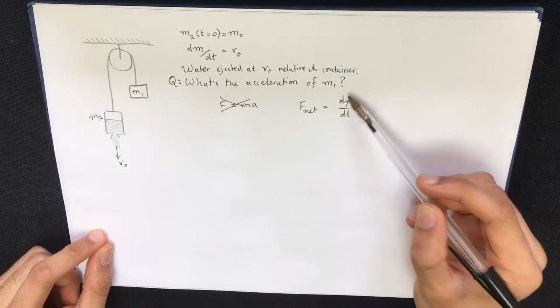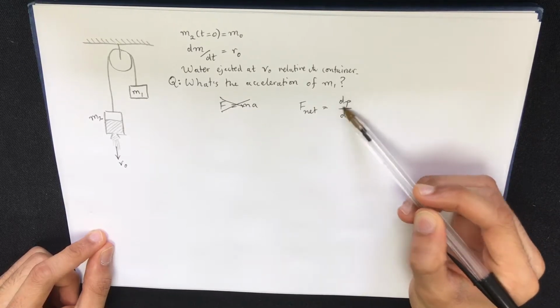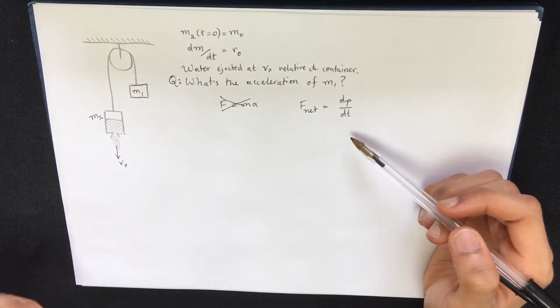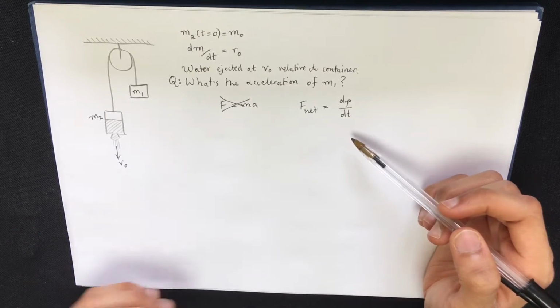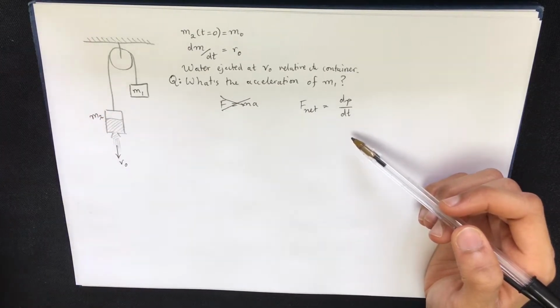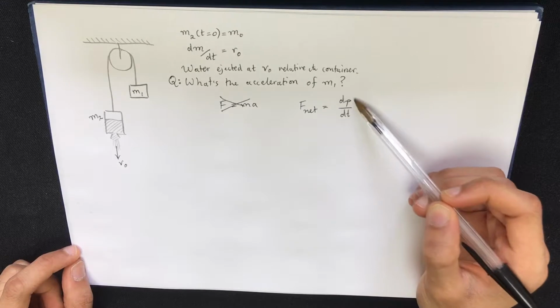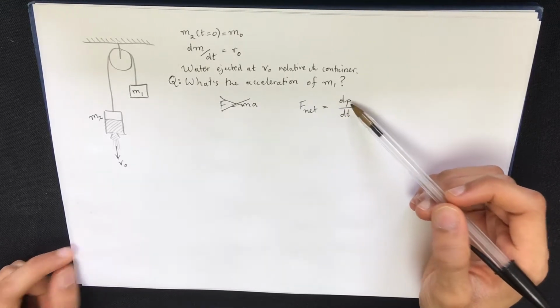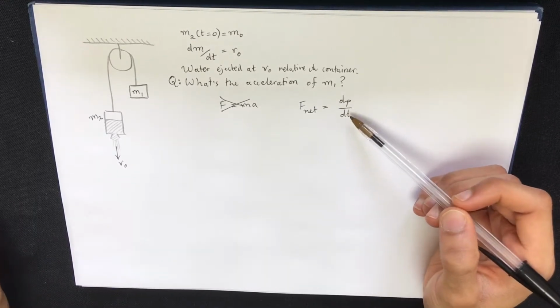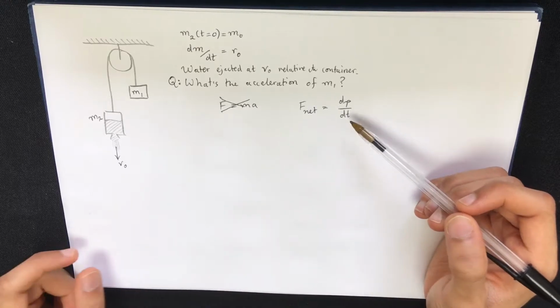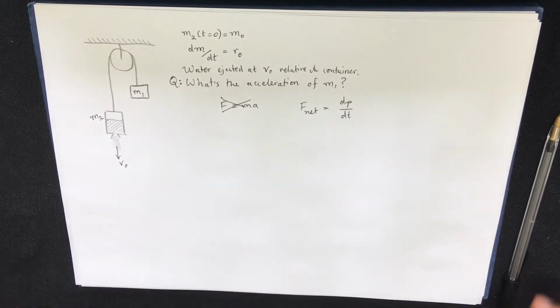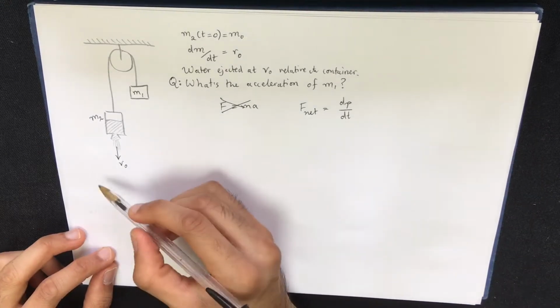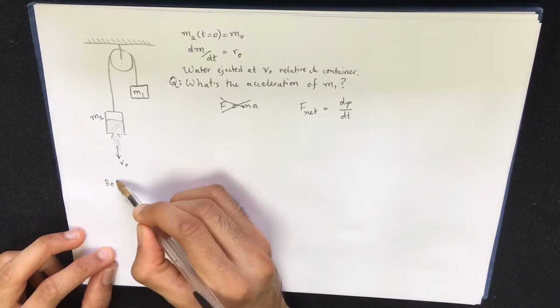And in order to do that, I need to figure out what the change in momentum is going to be if we look at a tiny little time jump as this rocket travels upwards. A good thing to do when you're doing momentum problems, or when you want to calculate the change in momentum, is to draw a before and after diagram. So that's what I did for this problem. Here's the before.